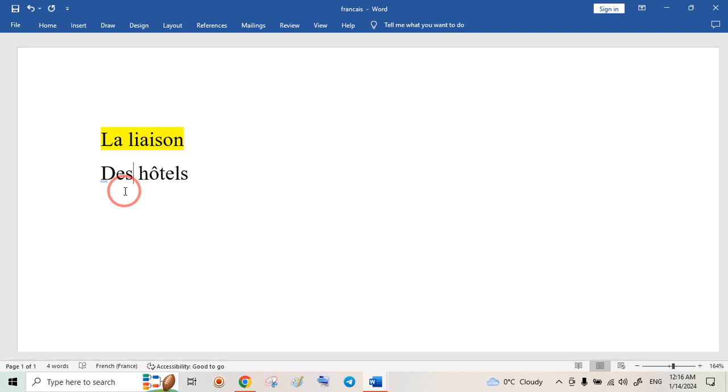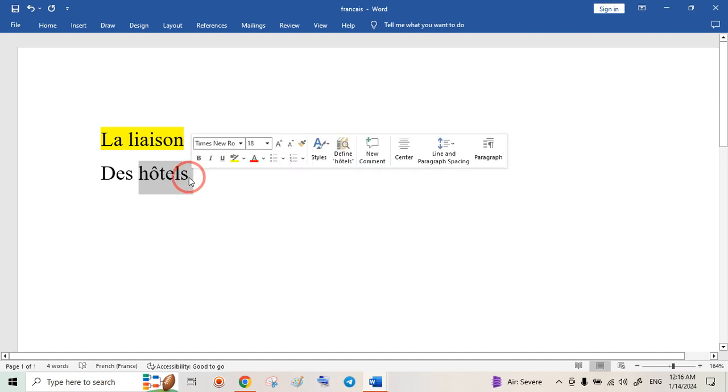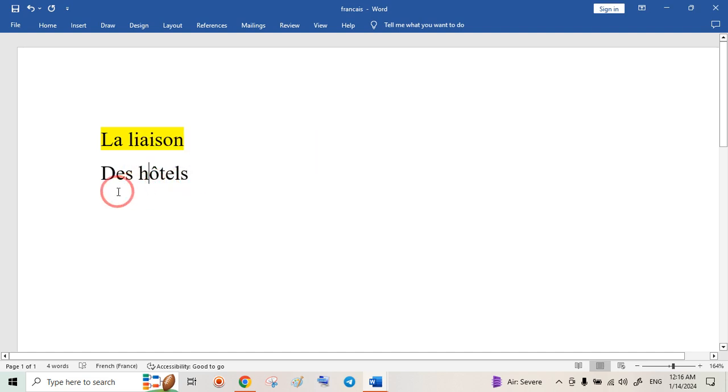What does it mean? Mix them. How? Instead of saying des hôtel, separately, because H is not pronounced in the French language, we can mix the pronunciation of both words into one and say des hôtels.